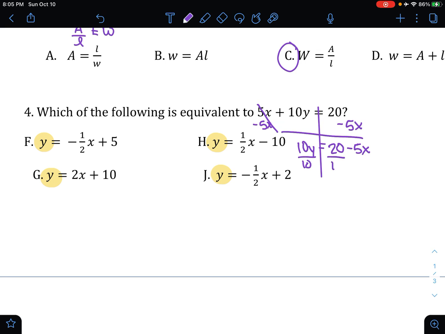Then I divide both sides by 10, and I divide everything by 10. When I do that, I get y equals 20 divided by 10 is 2. Negative 5 divided by 10 is a negative 1/2 x. So I'm going to rewrite it with my x term first. I have a negative 1/2 x plus 2, which looks like it would be answer choice J.